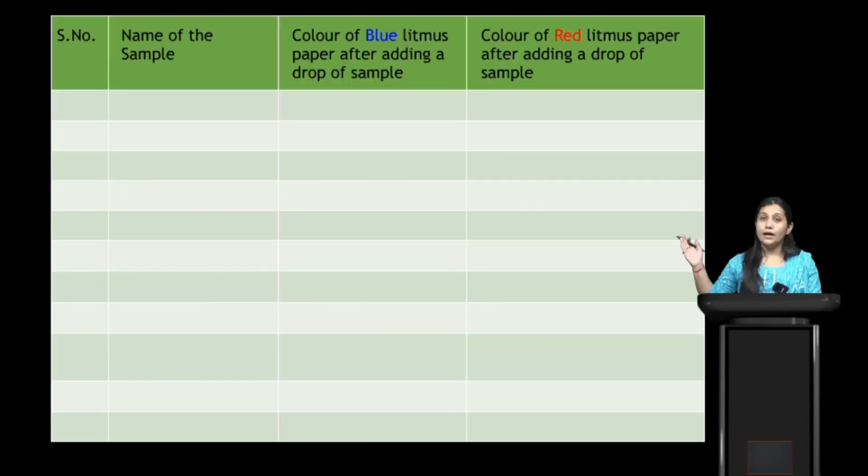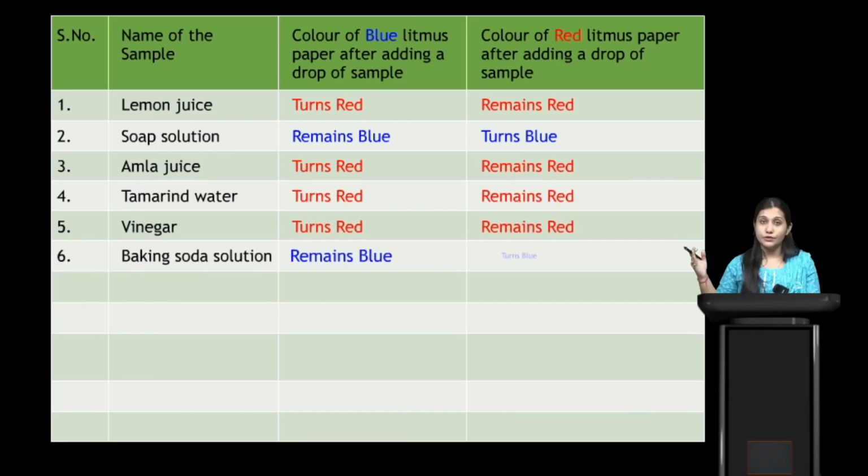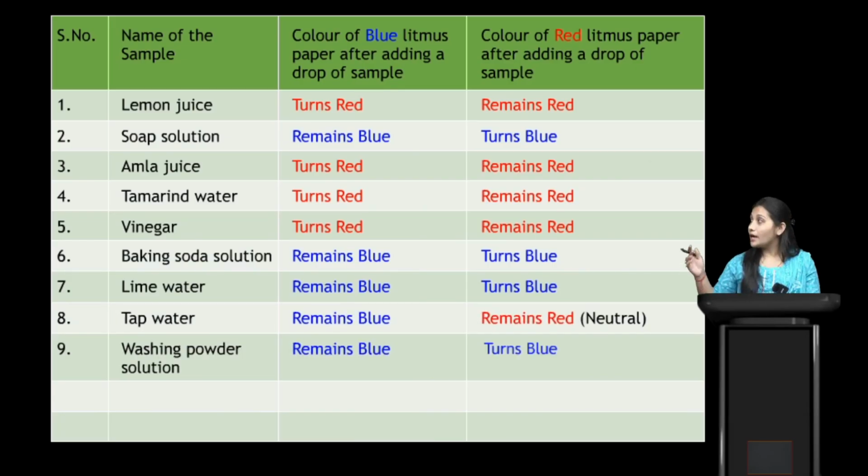Okay. So this table is for comparing both the litmus papers. Before we have used a single table, and now this table will be convenient for all of you to understand both the litmus papers with different solutions. So let's begin. The first column is the name of the sample, meaning all those liquids, all those solutions we have for the experiment.